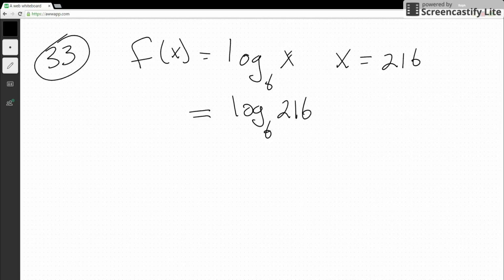I can either convert formally to an exponential, but I'm just asking myself, what can I put on a 6 to make it a 216? I can rewrite 216 as 6 to the third. It's one of our inverse properties. So the answer is just 3.